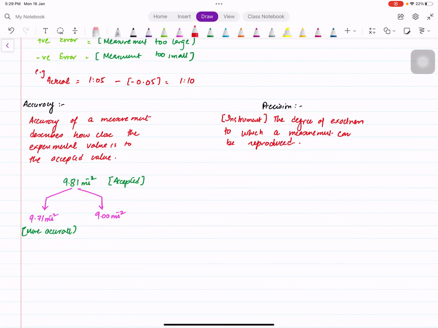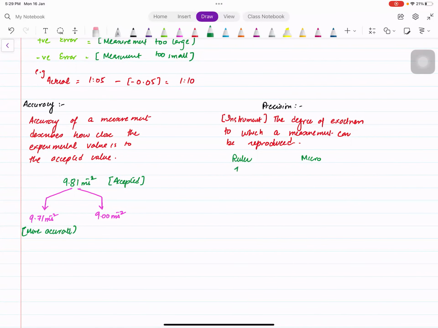the thickness of paper using a micrometer, then the ruler would give you a certain degree of exactness. Now, a ruler gives you a maximum of 0.1 centimeter precision, right?